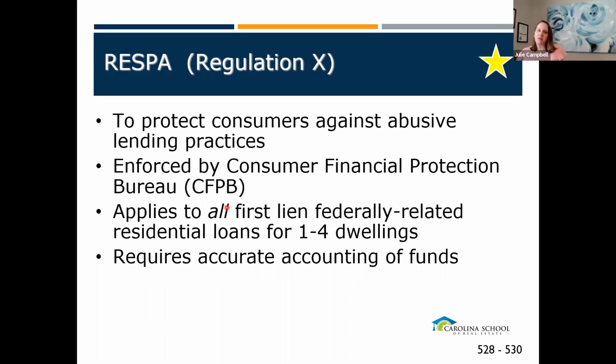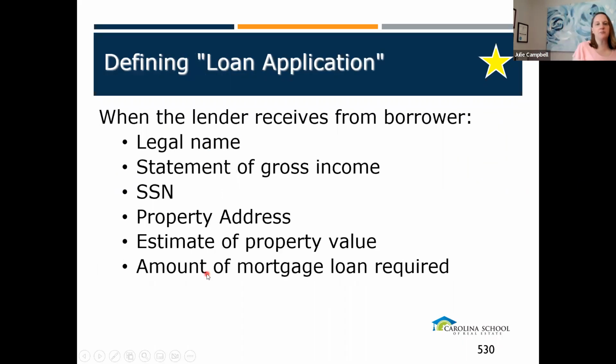So RESPA for the lender starts to kick in when the lender has received the loan application. And the loan application consists of 6 pieces.